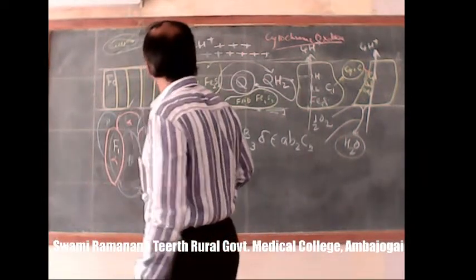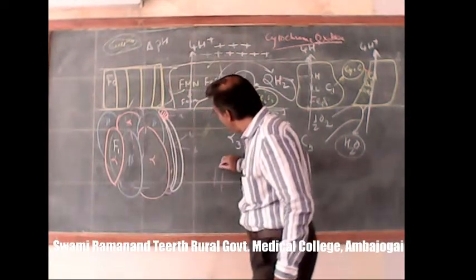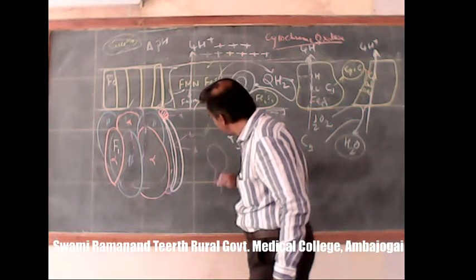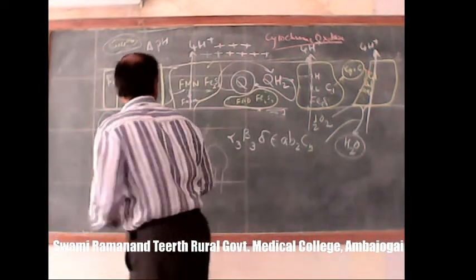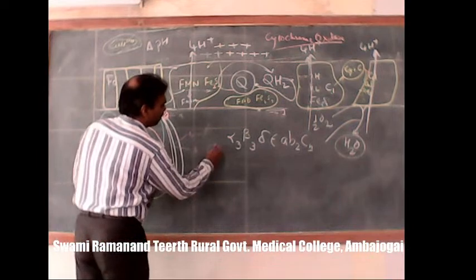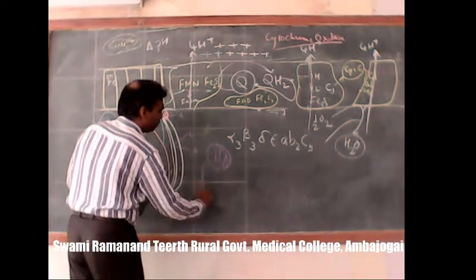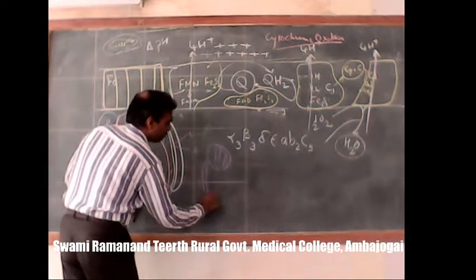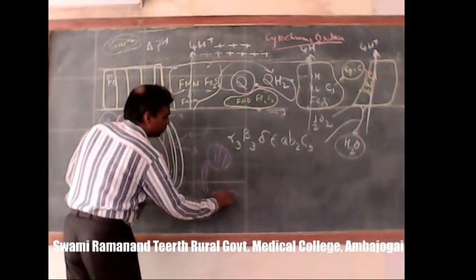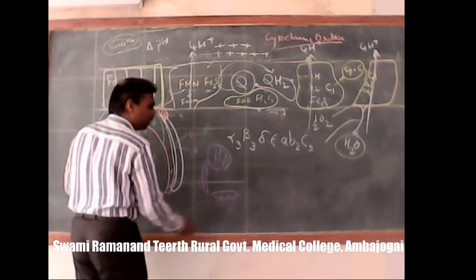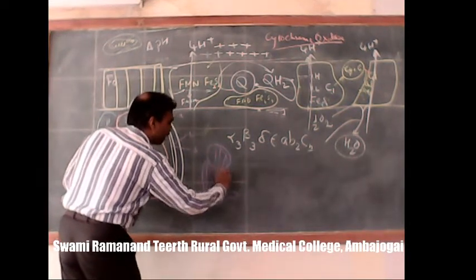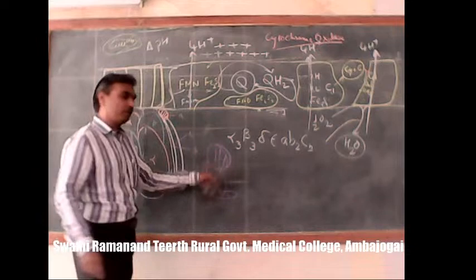So if you draw it like this, you will see that this is the alpha-beta units, this is the C unit, these are the A and B units, and this is the bent axle inside, that is the gamma unit.